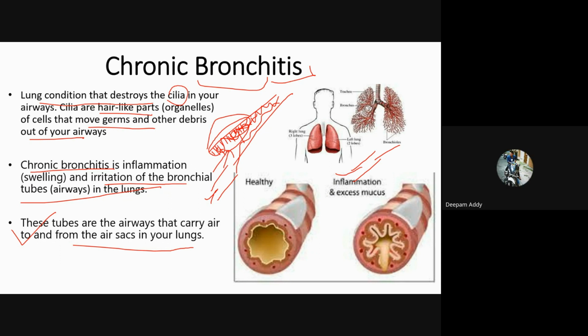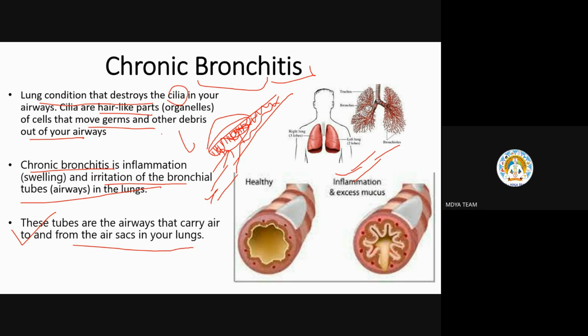I have a question. How does this cilia get destroyed actually? Maybe there will be the immune system's responses, or our body is not responding to this. When there is an immune system problem, then it leads to the breakdown of your cilia.